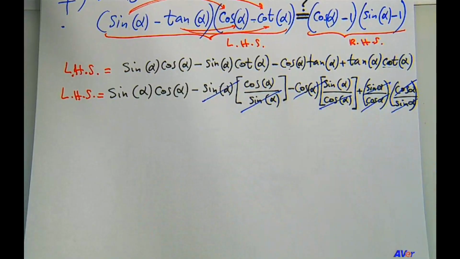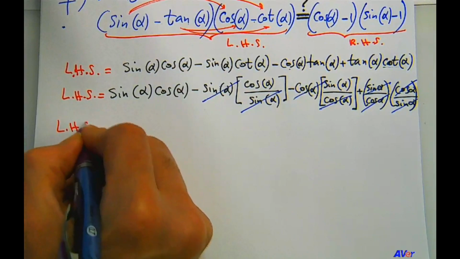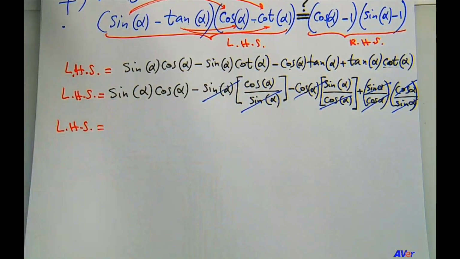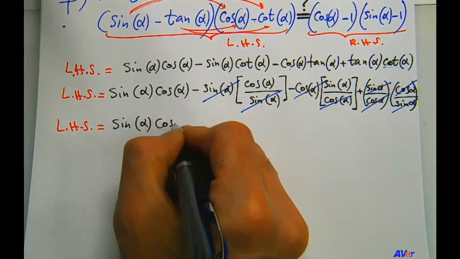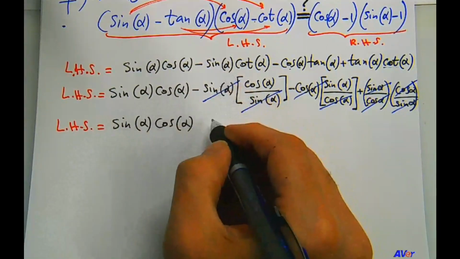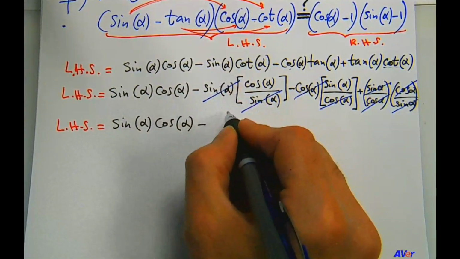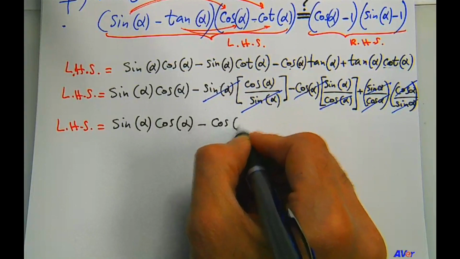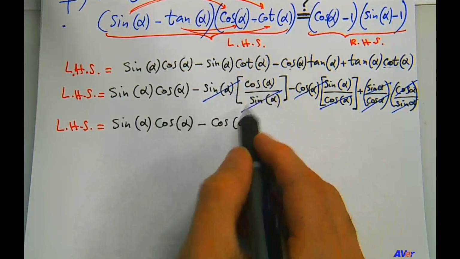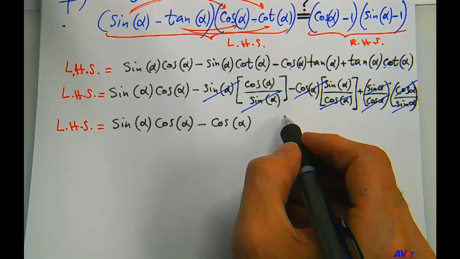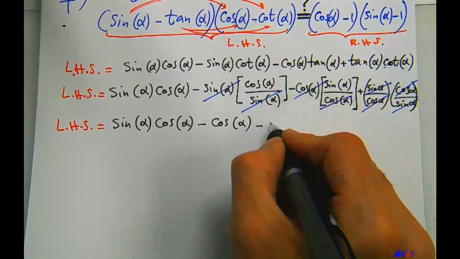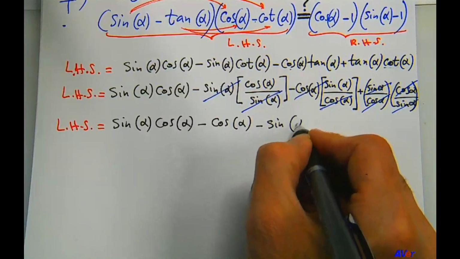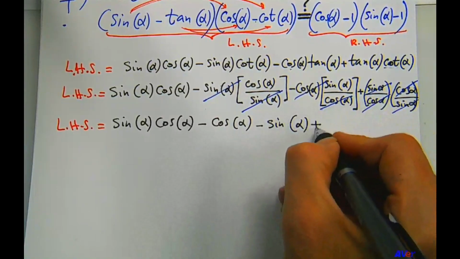So, okay, let's go through this. Left-hand side is equal to sine of alpha times cosine of alpha, minus cosine of alpha, which is that after simplifying, and then minus sine alpha, right, because the sines cancel out, minus sine of alpha plus 1.